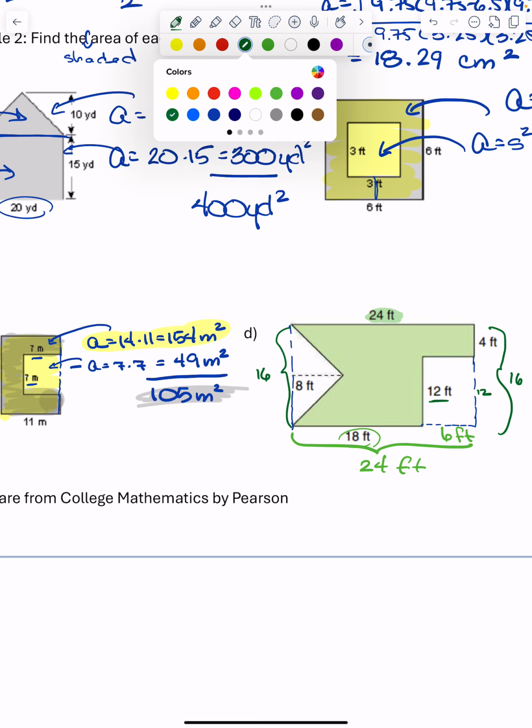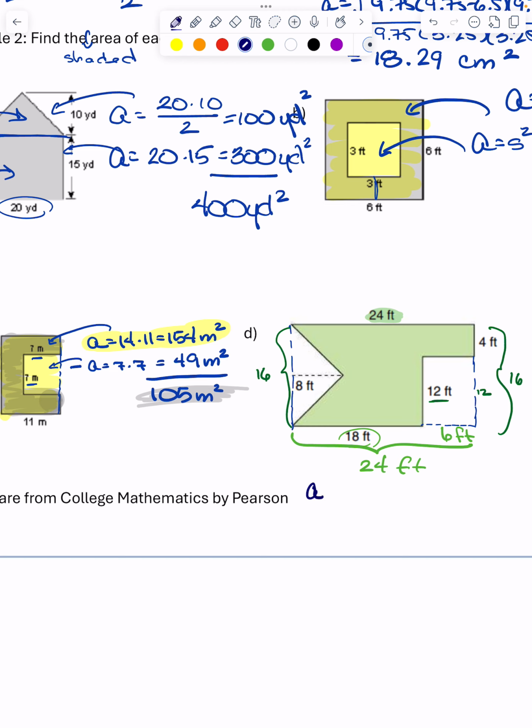So if I want to find the area of that big rectangle, area of rectangle just so I know what I'm looking at, is 24 times 16. 384 square feet.